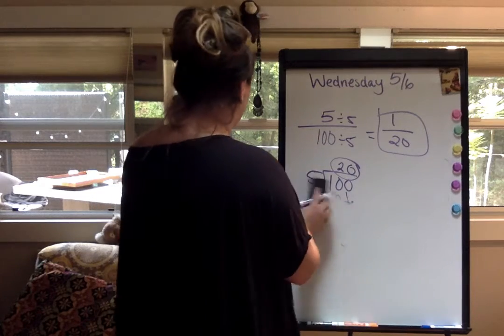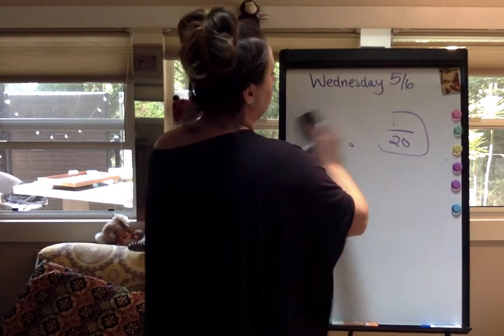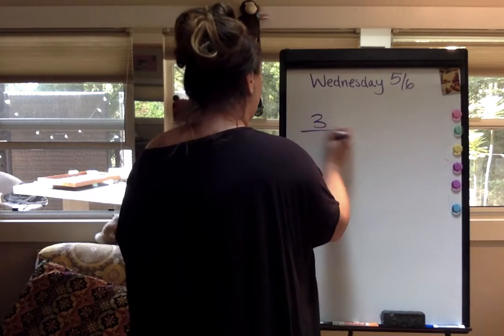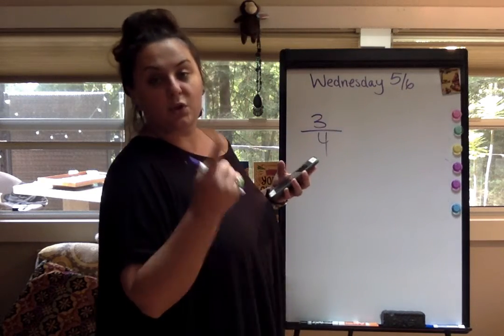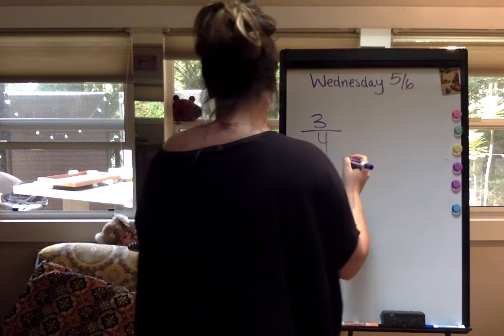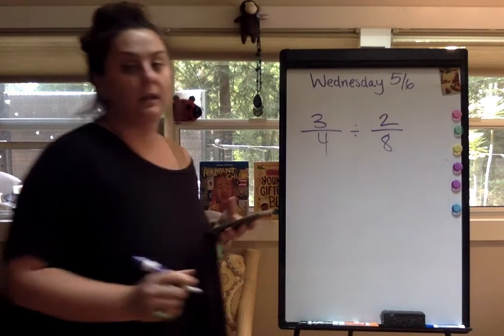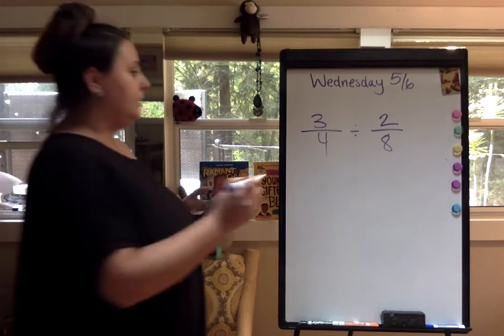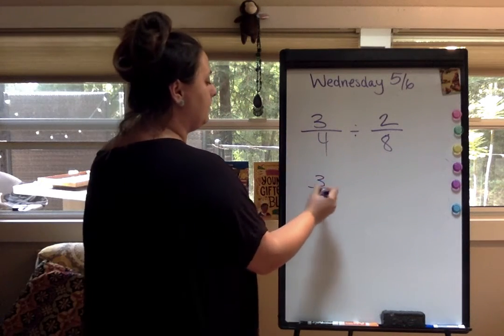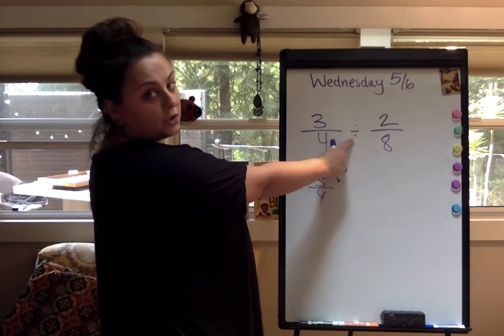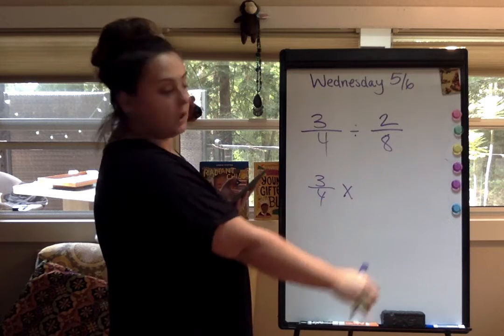All right, now we are going to divide our fractions using keep, change, flip. So 3/4 divided by 2/8. Okay? Ready? Keep, change, flip.